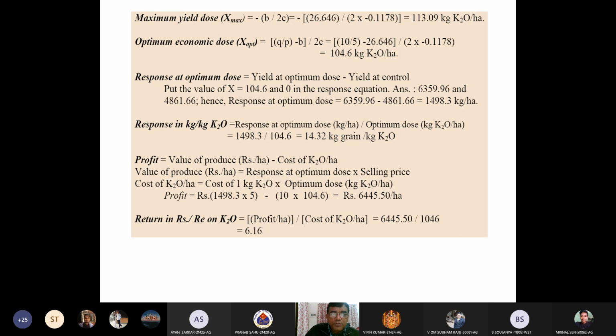So profit is equal to 1498.3 into 5, 5 was the rate, minus 10 into 104.6, you get 6445.5. Return in rupees per rupee on K2O is profit per hectare divided by cost of K2O, so you get 6.16. If you invest 1 rupee on K2O, you get 6.16 rupees return. If you read it very carefully, everything is self-explanatory and you will be able to identify all these parameters.